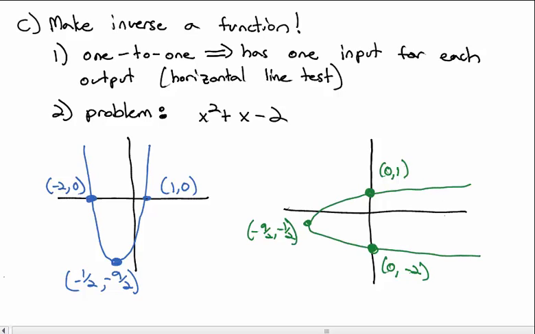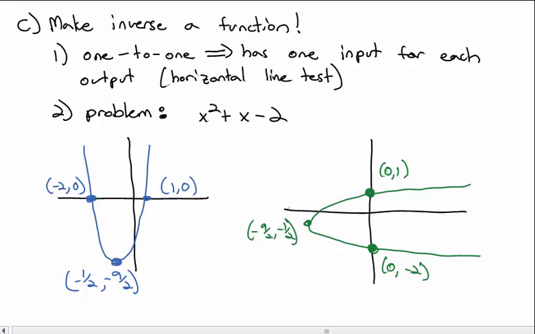Notice this is not a function because it does not pass the vertical line test, which goes through the graph in more than one spot. That's not allowed. That's because this blue function was not one-to-one: if I draw a horizontal line, we've got the same problem. A horizontal line goes through it in more than one place.